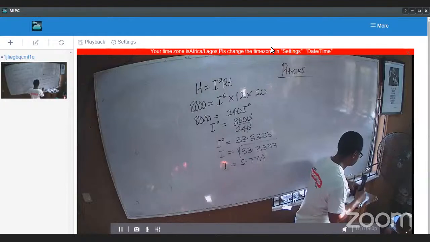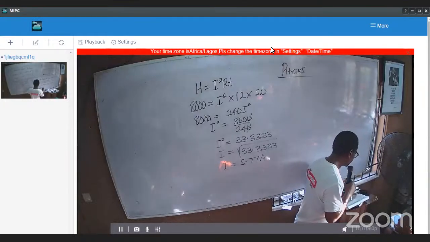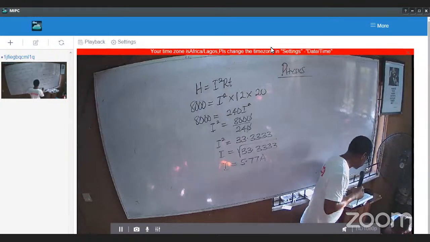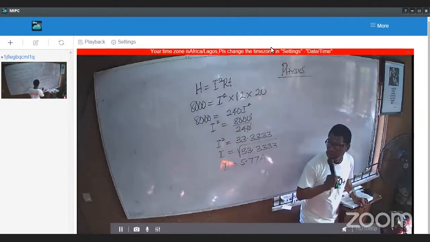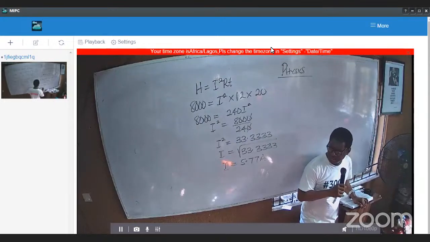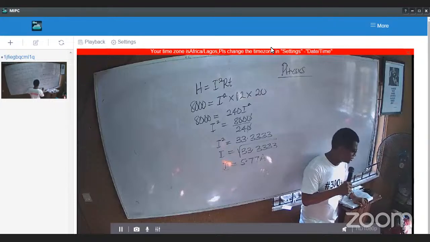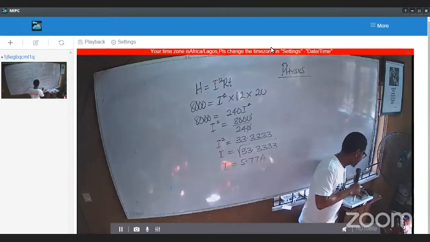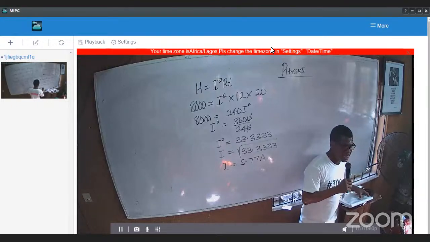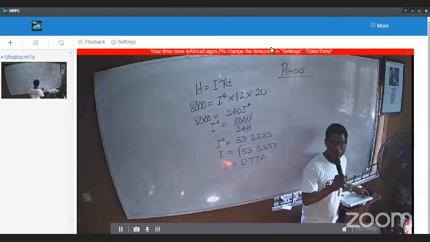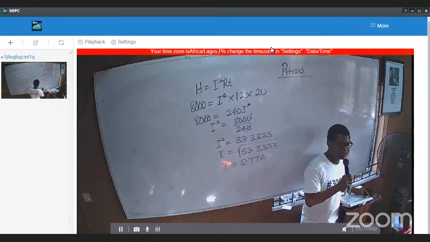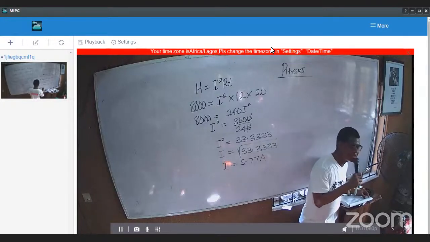Next question, number 3. A potential difference of 12 volts is applied across the ends of a 6 ohm resistor for 10 minutes.